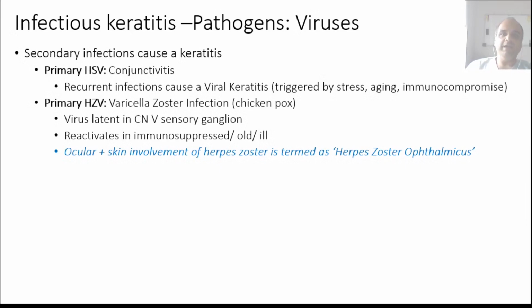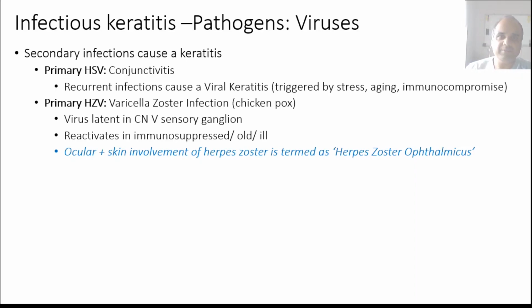Then we talked about viruses. A secondary infection by a virus causes a keratitis. The two most common viruses are herpes simplex and herpes zoster. We talked about adenoviral keratitis when we talked about conjunctivitis, and that's in a very specific circumstance. You can refer back to the conjunctivitis if you want to see it.